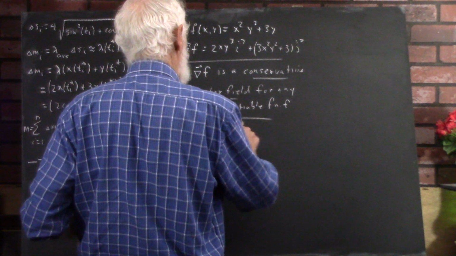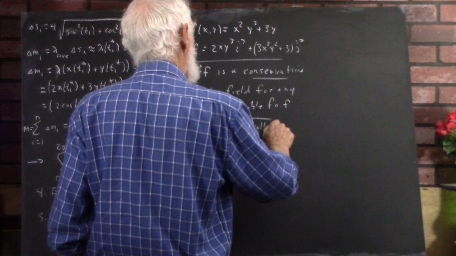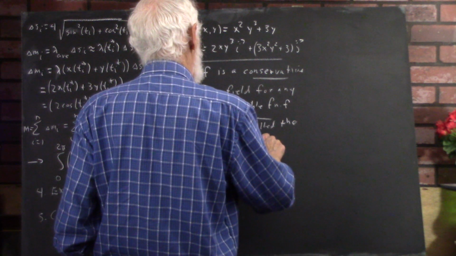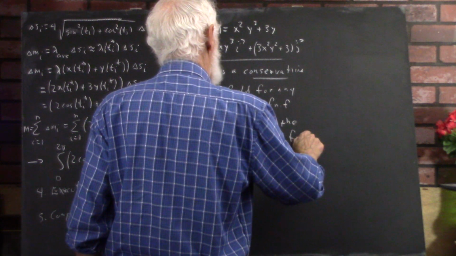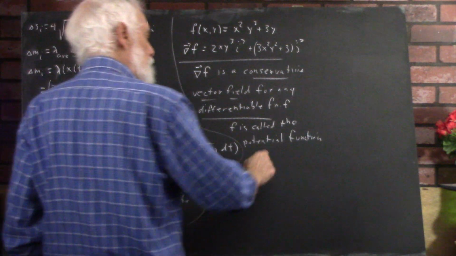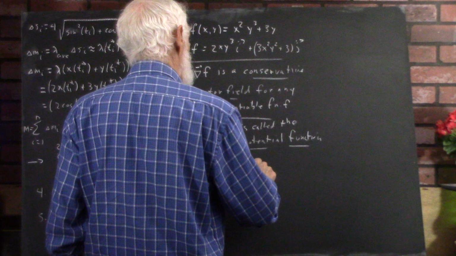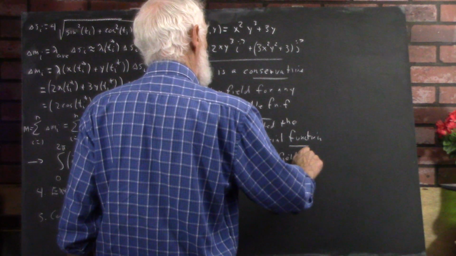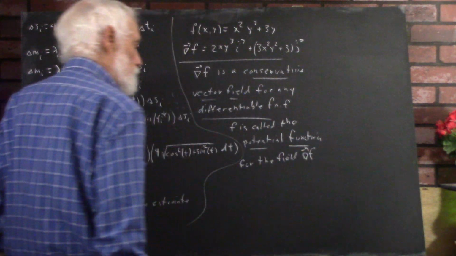And then your function f is called the potential function for the field del f.